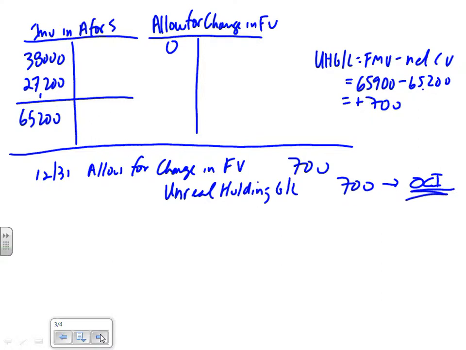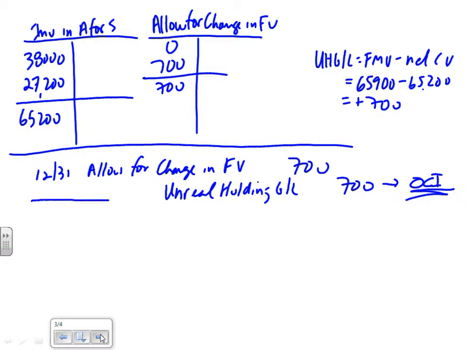Big difference, right? It goes to OCI. It's going to show up in other comprehensive income. And so let me debit that to that account. My balance there is $700, and we know that I did it right because when I look at the net carrying value of the asset, the investment in available for sale securities plus the allowance for change in fair value, they add up to $65,900, which was the fair market value.